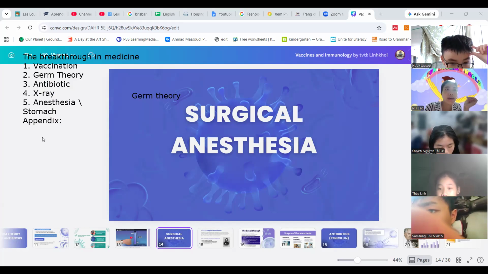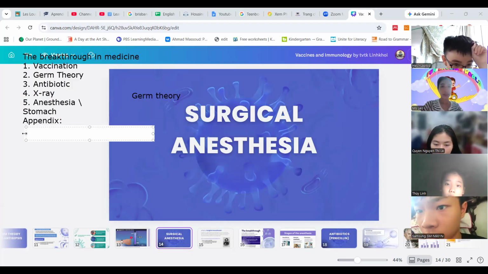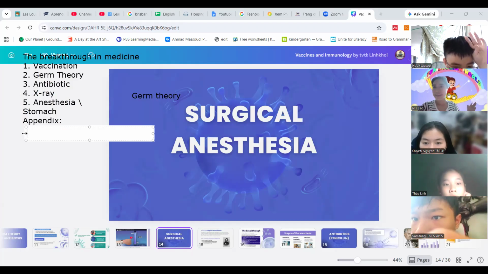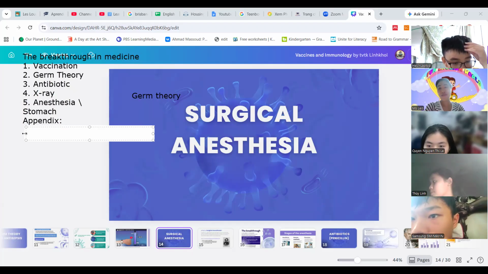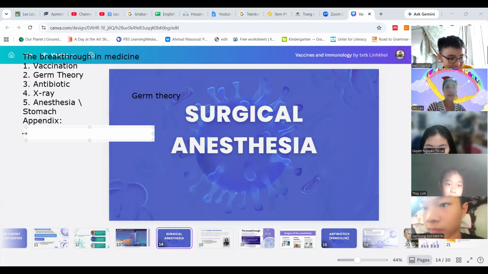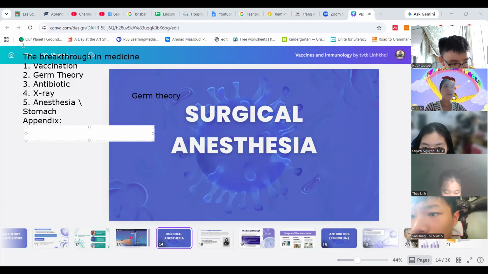Normally the appendix is the extra part of your stomach. Most people can survive without it, no need for the appendix. We don't know why it's there, but it serves a certain job in our body, and eventually we had to cut it because it caused pain. My mom's appendix, gone.